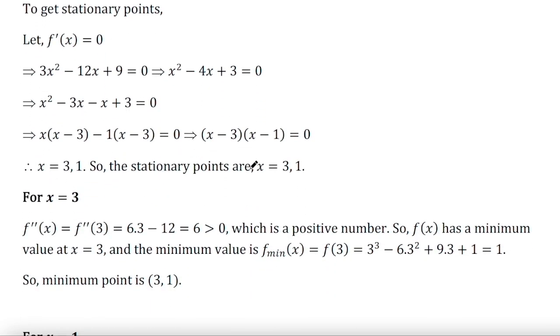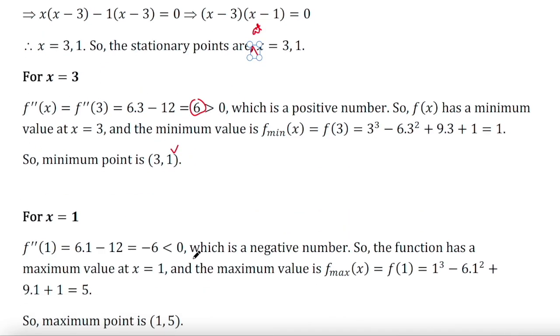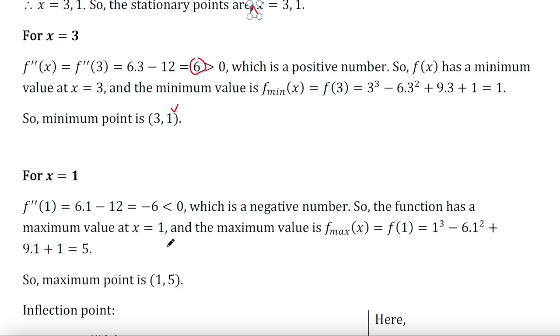It means there are two stationary points at x equal to 3 and 1. At x equal to 3, second derivative is positive, so there is a minimum point. The y coordinate you will get similarly from the given function. And at x equal to 1, second derivative is negative, so there is a maximum point at x equal to 1.